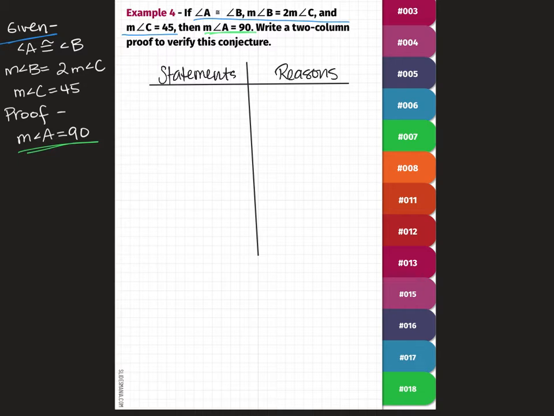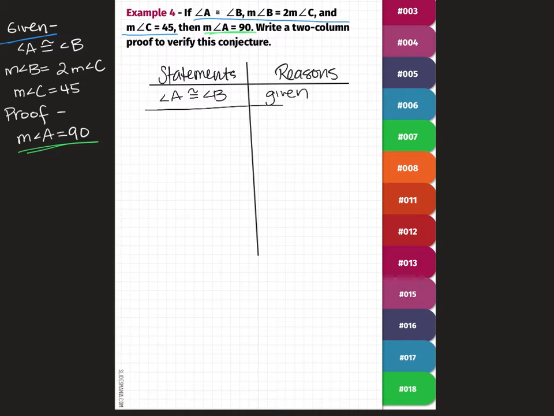So remember, I always have to start with a given. So my initial given, I'm just going to go with what they told me. Angle A is congruent to angle B. That's what I was given.